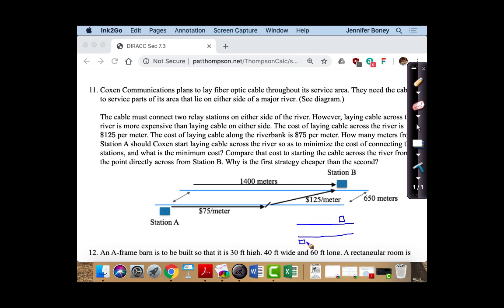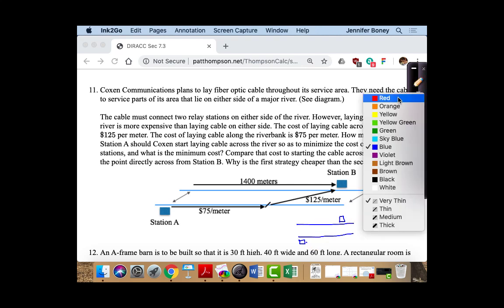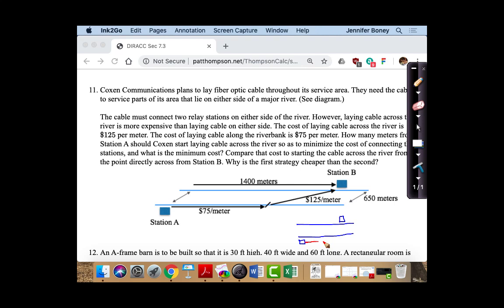And so I could go, let me change colors here, I could go maybe straight across this way and then straight across that way, all on the land and then across the water. Or I could kind of go part and part. Obviously, if I go straight across the water, then across, that'd be the same. But maybe I go partially across land and then partially across the water.